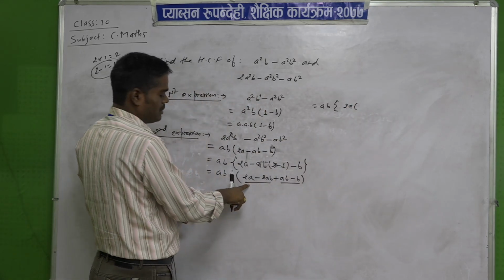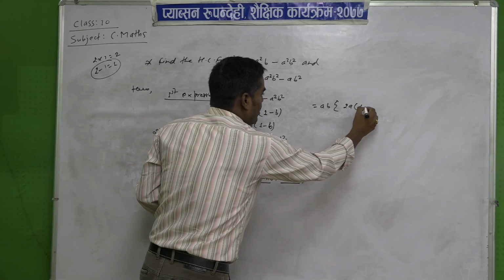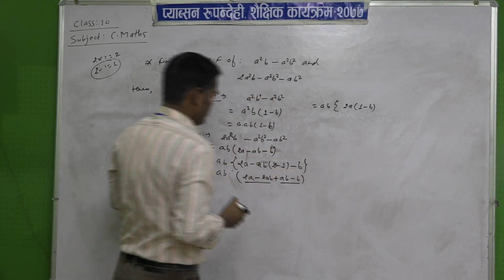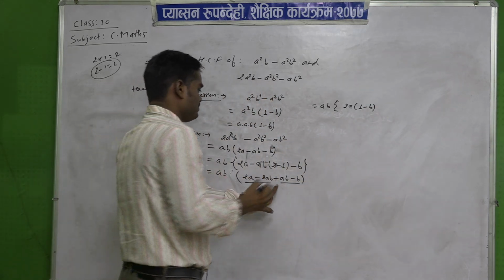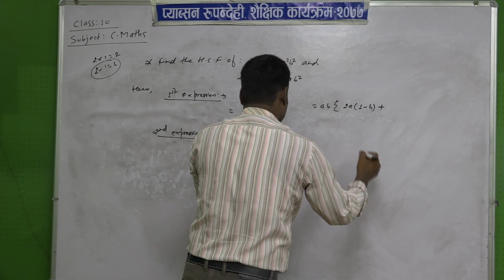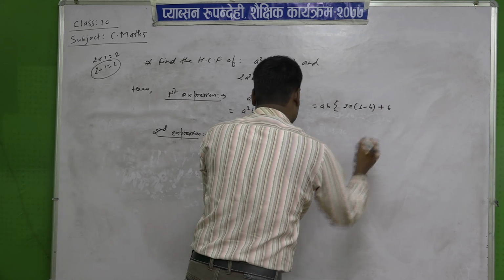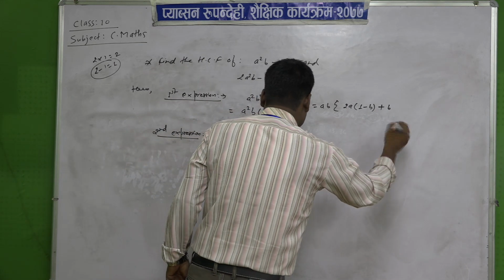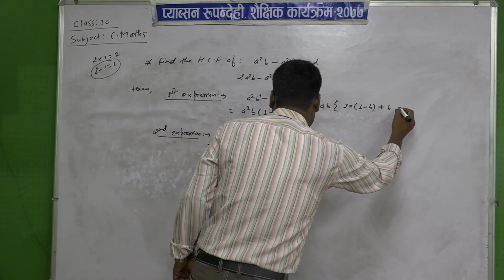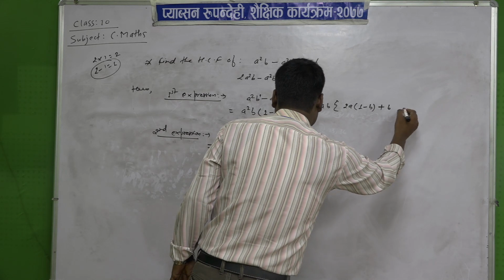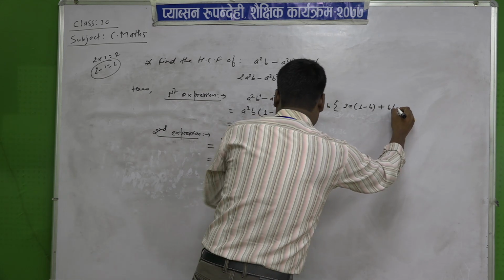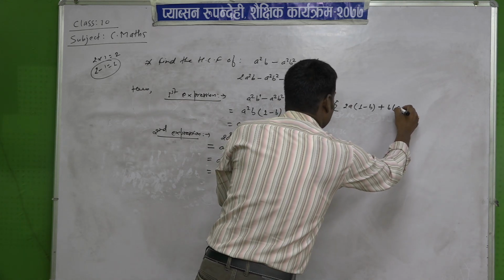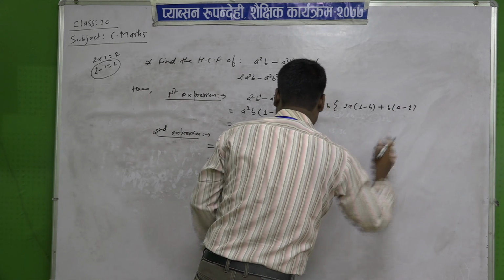How much is left? 1 and here minus b, and then plus b is common. How much is left? B is common, so a minus 1.